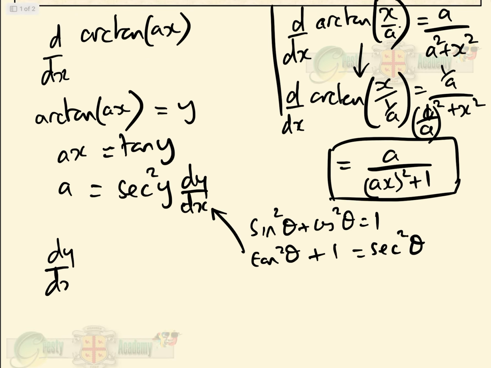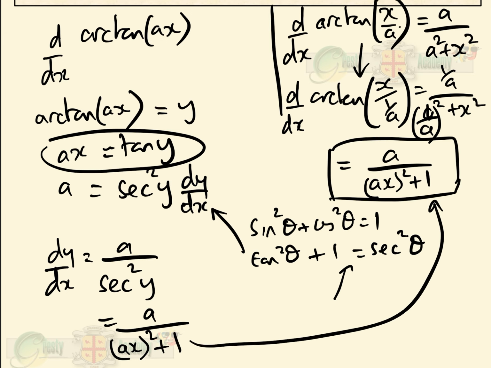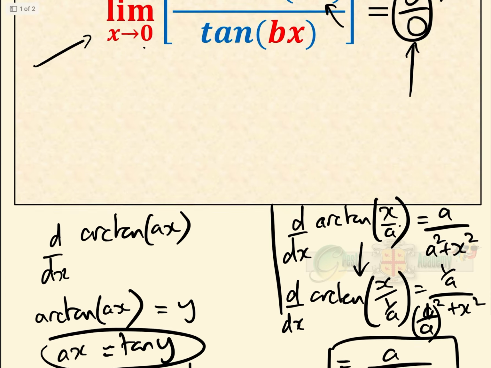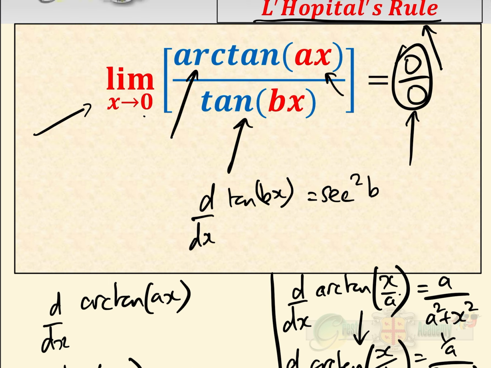So we have that dy dx is equal to a over sec squared y, which by this here is equal to a over tan squared y add 1, and we know tan y is ax, so that'd be a over ax squared add 1, which is the same as that. Either way, we found our differential of arctan ax, and of course the differential with respect to x of tan bx is simply equal to sec squared bx times the differential inside the bracket, times by b.